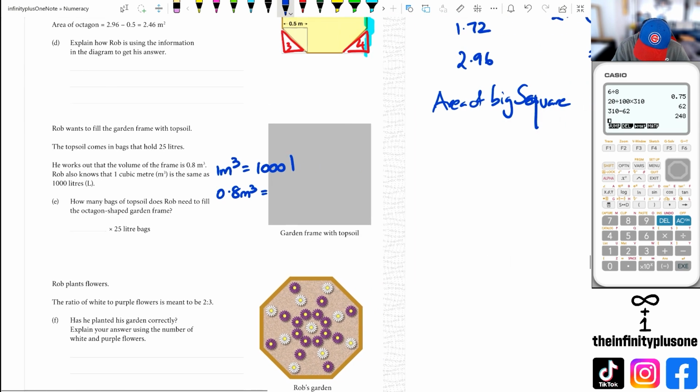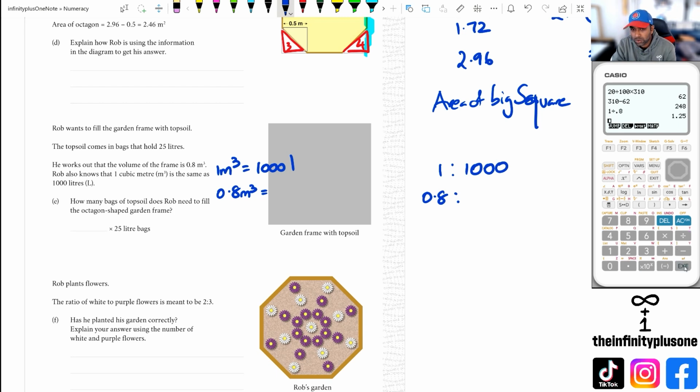The way we're going to do it is we could do this as ratios. So 1 is to 1,000, and we want to know what it is to get to 0.8. There's a couple of ways of doing this ratio. You could go, what number am I dividing 1 by to get to 0.8? So 1 divided by 0.8 is equal to 1.25.